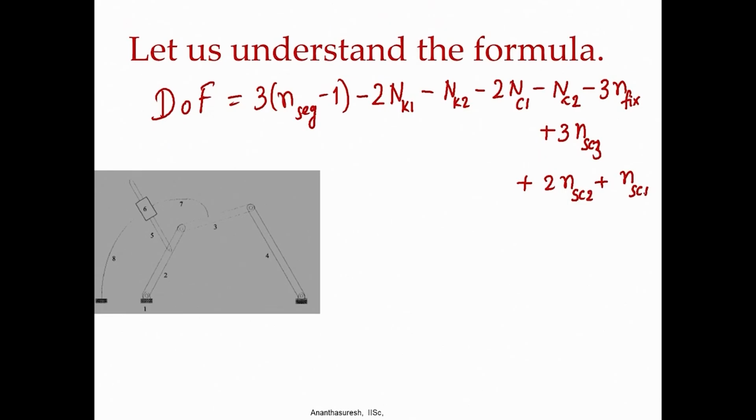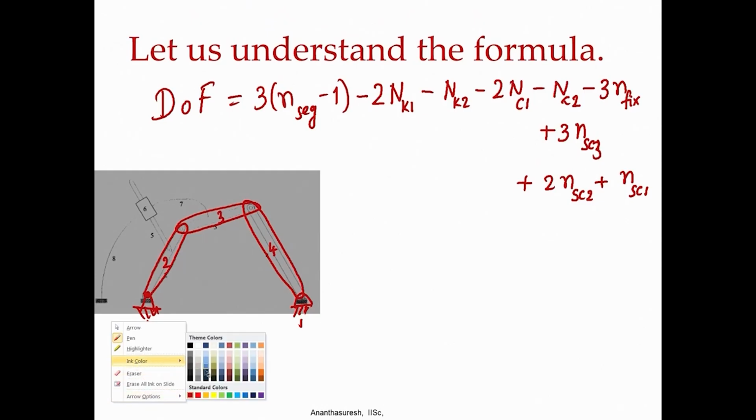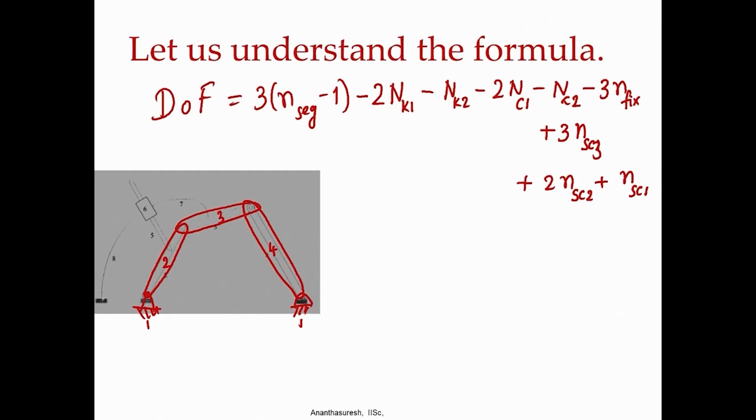Okay. If you look at the mechanism that is there, let me redraw it. Here there is a rigid body, there is a rigid body here, there is a rigid body there. So, we have 1, and then let us call this 2, this is 3, this is 4, that is like a 4 bar linkage, and that is the rigid chain. Let us use a different color to show the compliant part. There is an elastic segment, there is an elastic segment, this is where the fixed connection comes.